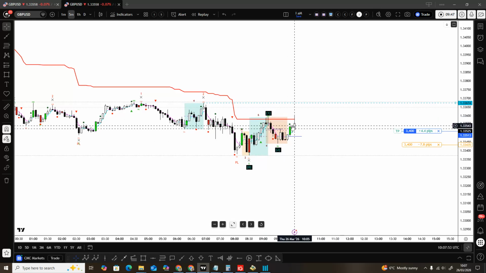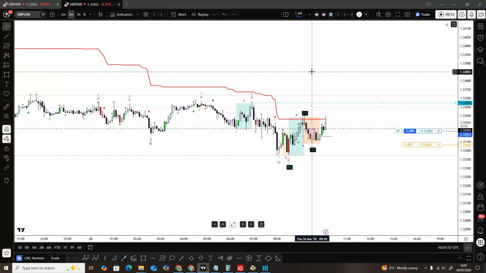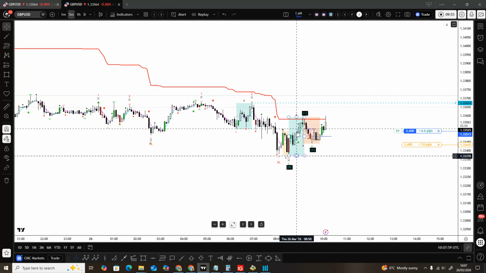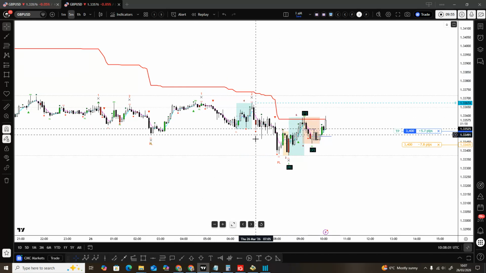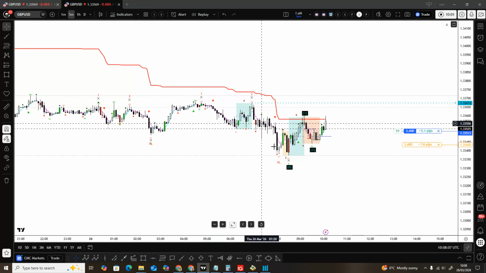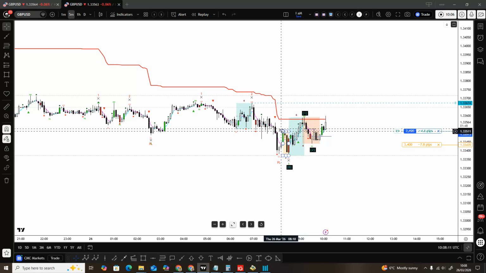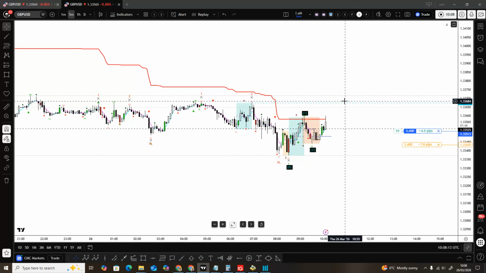So we may have a follow through now to the upside. In terms of the swings themselves, here is the valid pullback point. This is the lowest point. You count two back, 1, 2, and that's it.